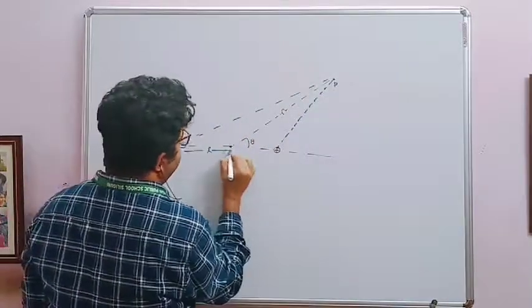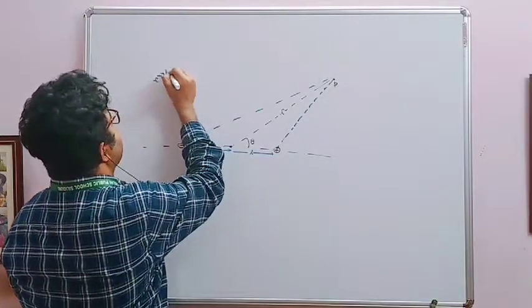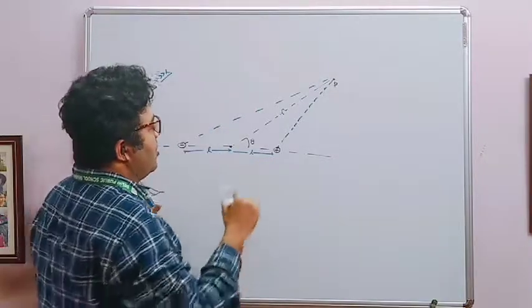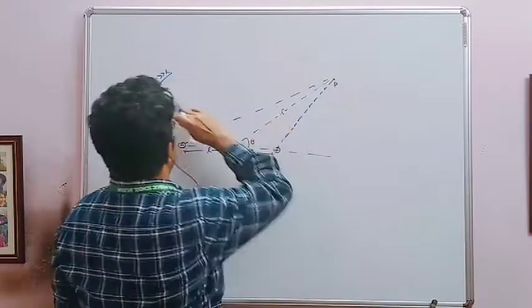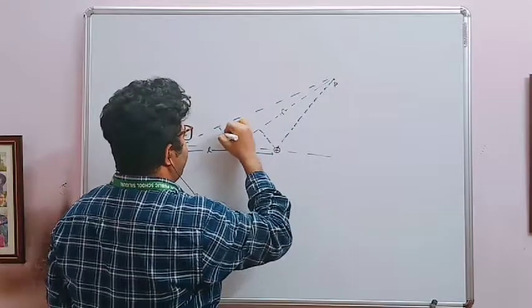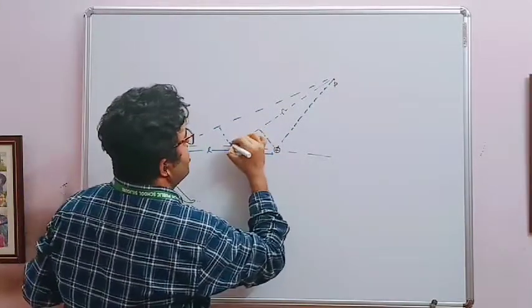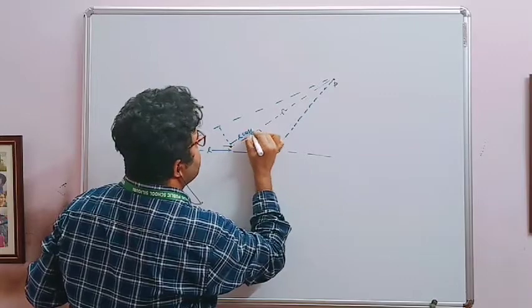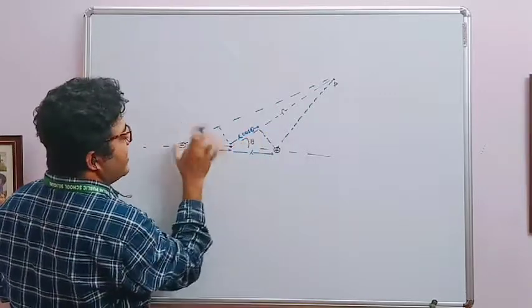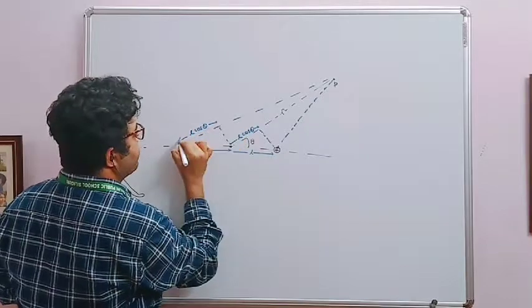Let this length be L and this length be L, and here it is mentioned R is greater than L. Now see, if this length is L, along the axis it is L cos theta. Similarly, this one is also L cos theta.